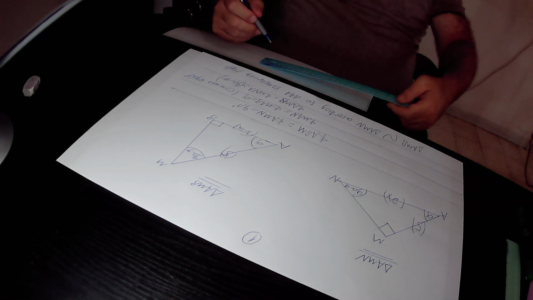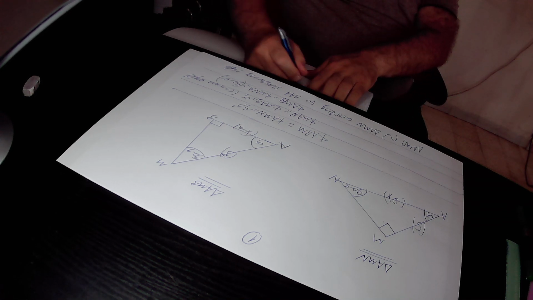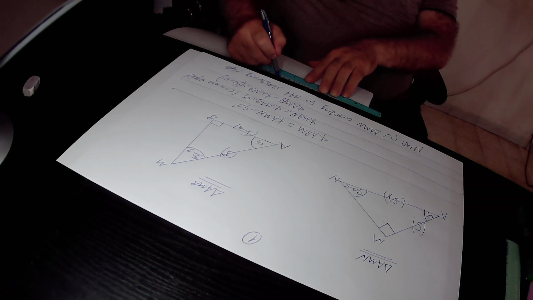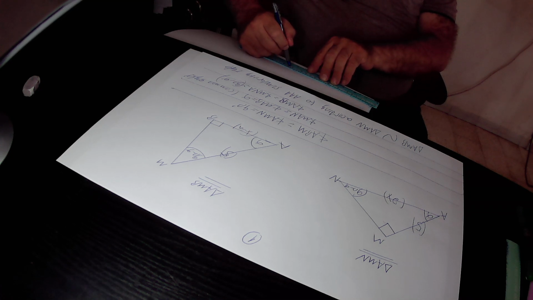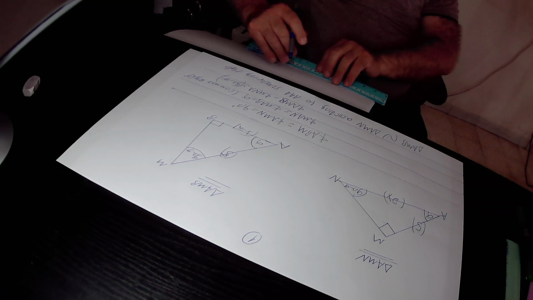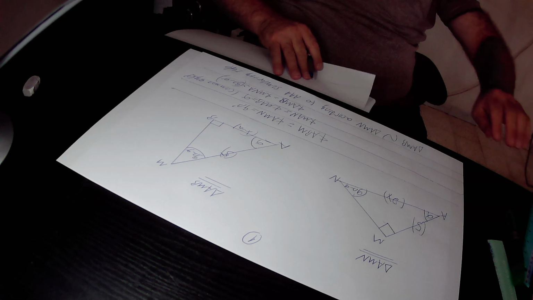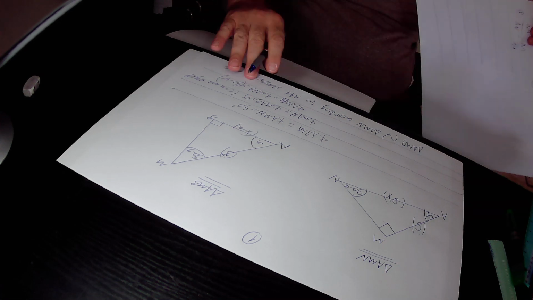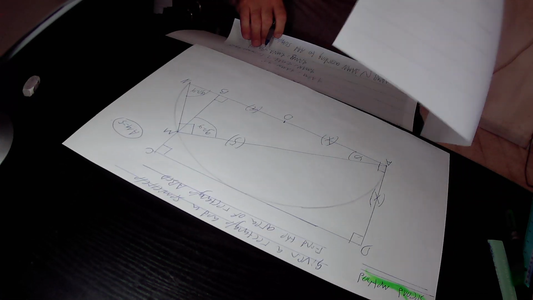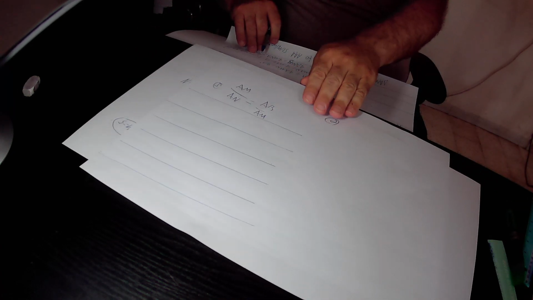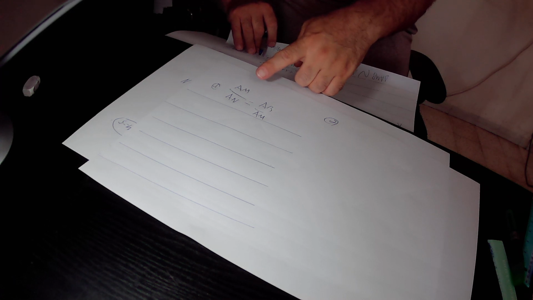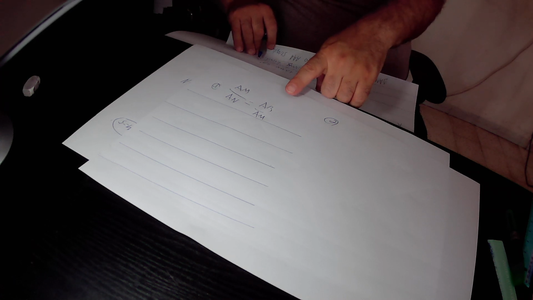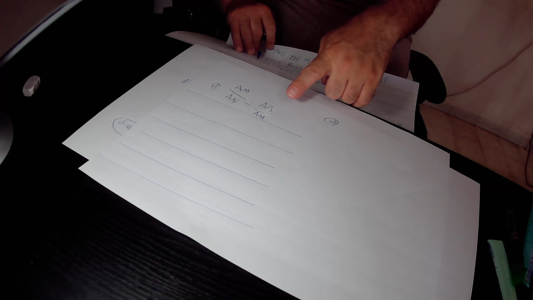So I repeat again. We derive that side AM in the right triangle AMB over side AN in the right triangle AMN equals side AB in the right triangle AMB over side AM in the right triangle AMN.